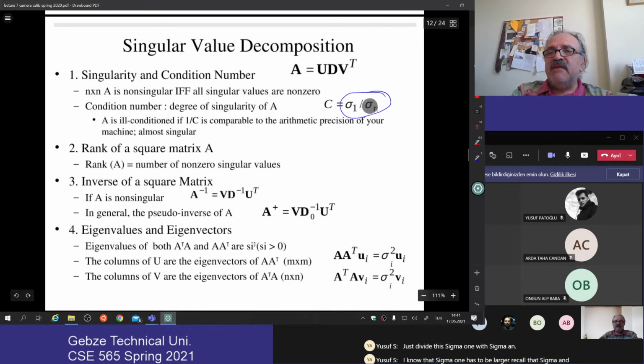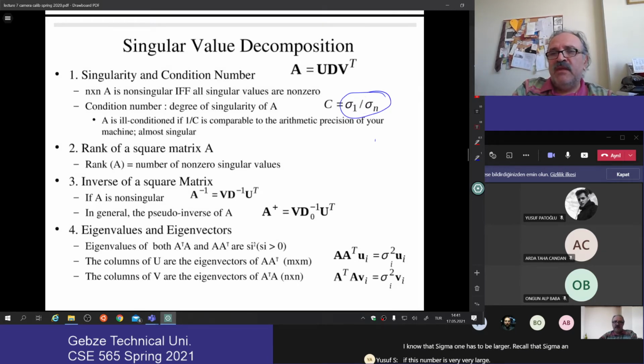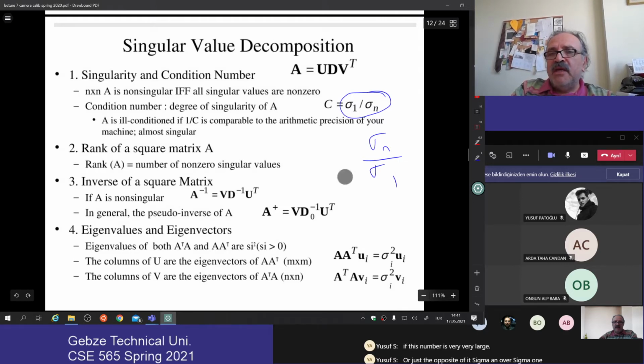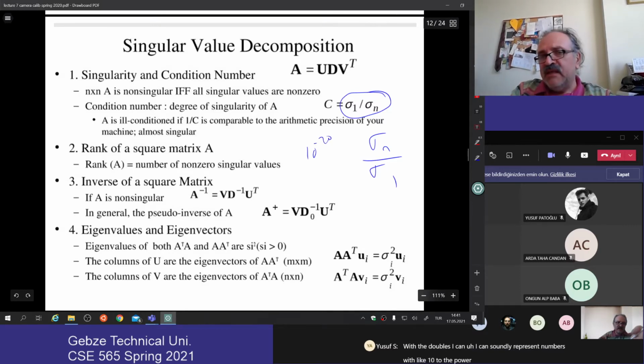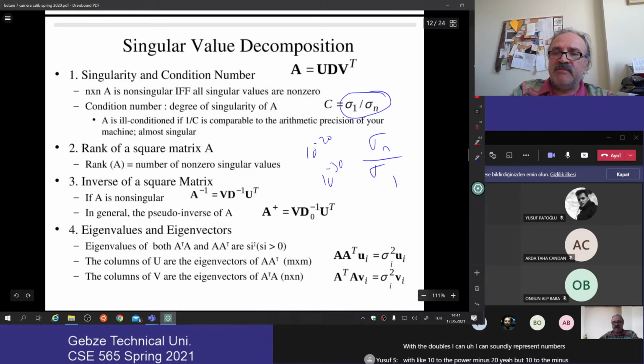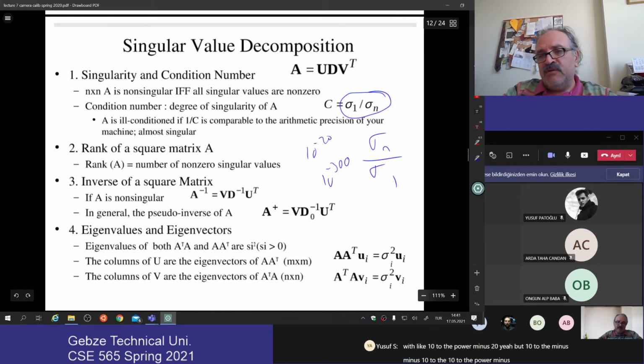If this number is very, very large, or just the opposite of it, sigma n over sigma 1, is comparable to my arithmetic precision. With the doubles I can soundly represent numbers like 10 to the power minus 20, but 10 to the power minus 300 is not a good thing.